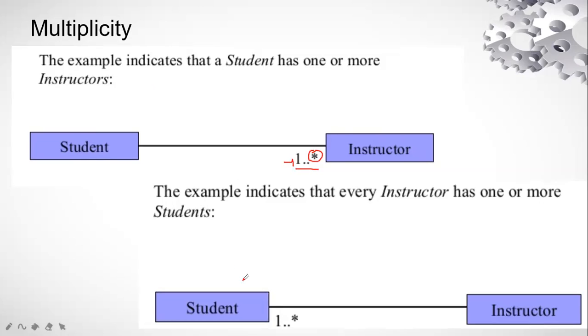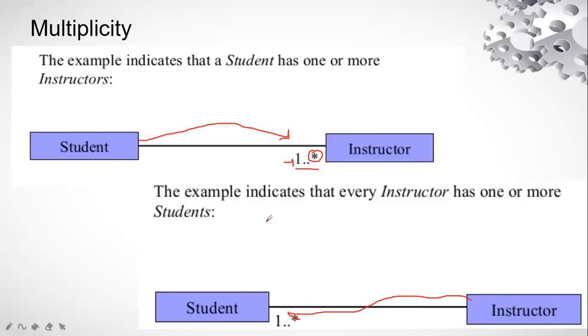Next, if I make this 1..* on the student side, what does this mean? This means that every instructor has one or many students. We are talking about the instructor now, that an instructor can have one or many students. But here we were saying that a student can have one or many instructors.